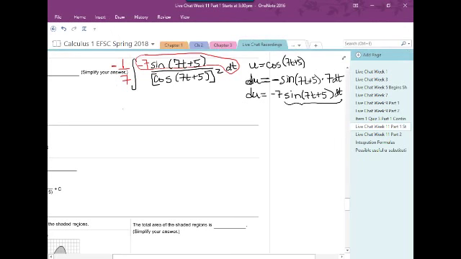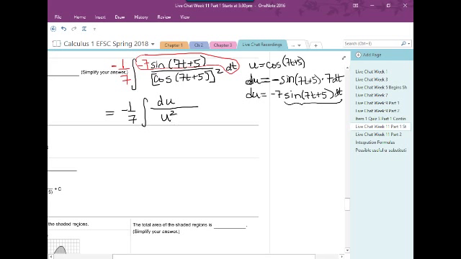So let's make the substitution. We'll have negative 1/7 the integral of du over u squared. So the question is, was this a useful u-substitution? We were able to make the substitution. Does it fit a pattern?